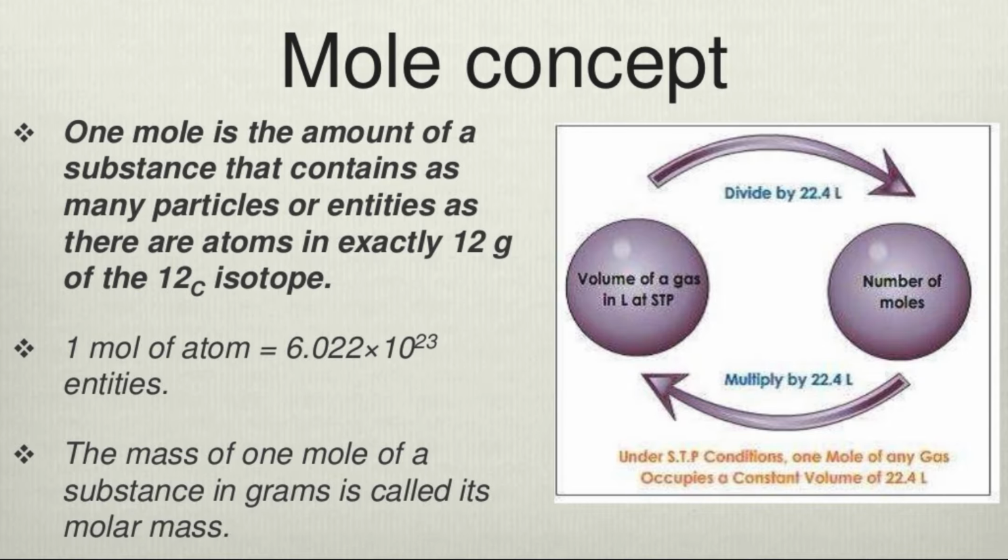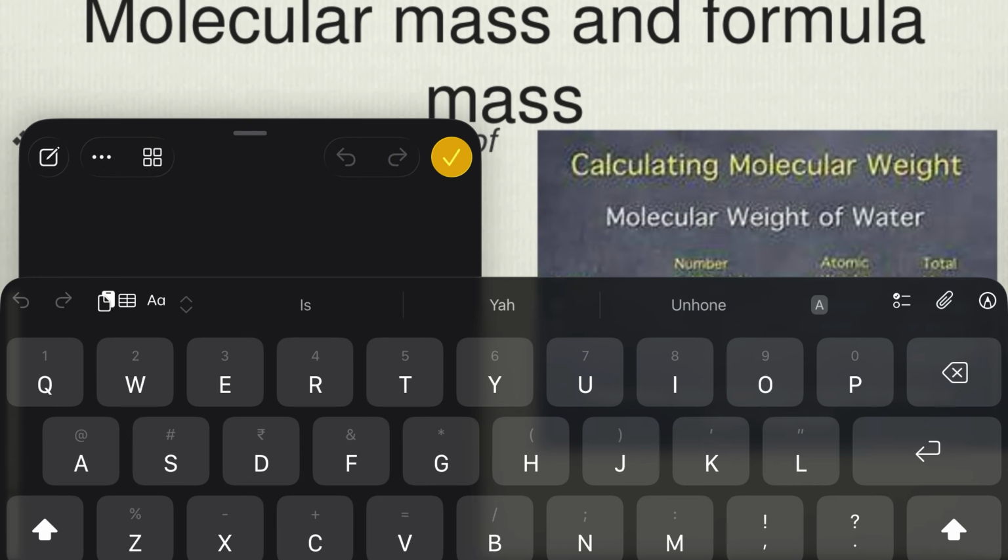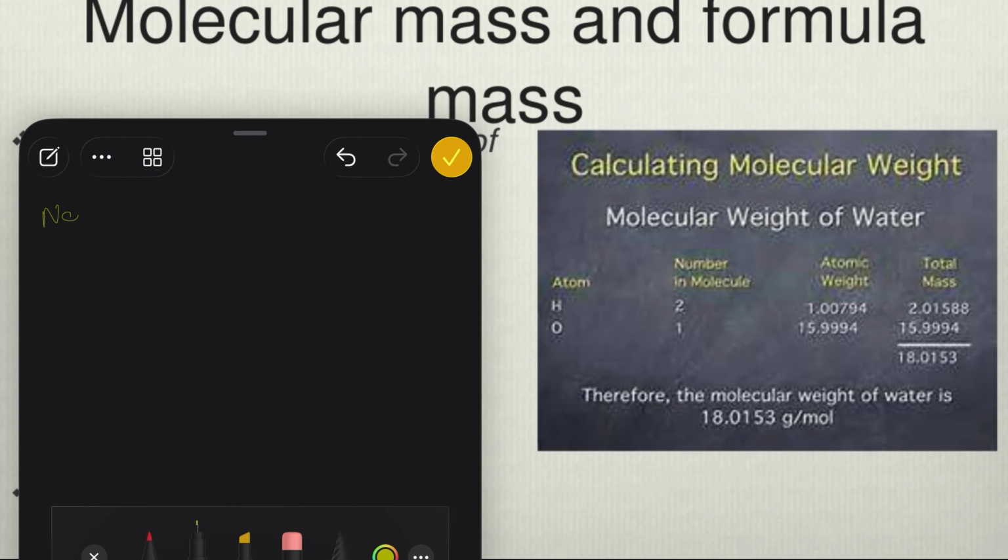Number of moles: how can we count the number of moles? Number of moles is equal to given mass divided by molecular mass or molar mass.